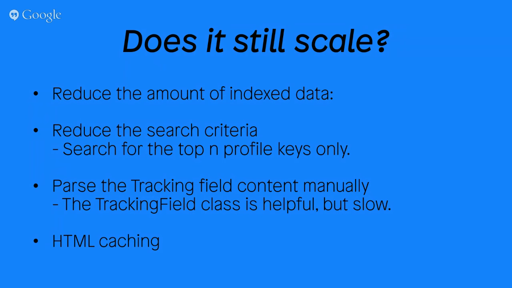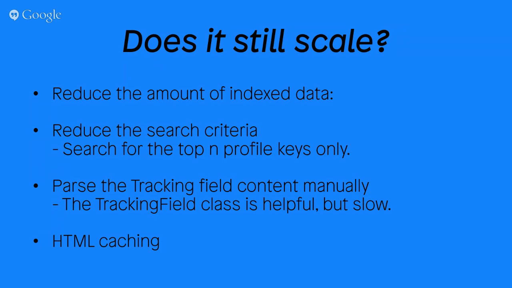We can also reduce the search criteria. So let's say on our movies website we have 10 profile keys that have been assigned a score. What I could say is, okay, I'll just take the top 3 of those and search for those, and that would necessarily return fewer results in the first place. So you're reducing your result set that you then have to apply the calculation to.